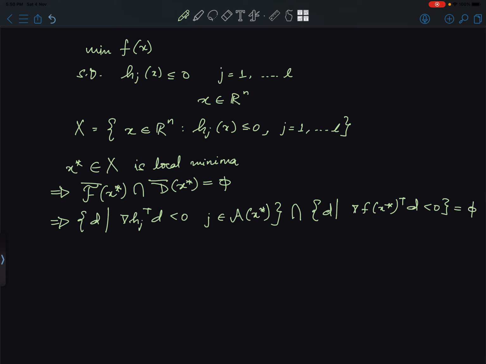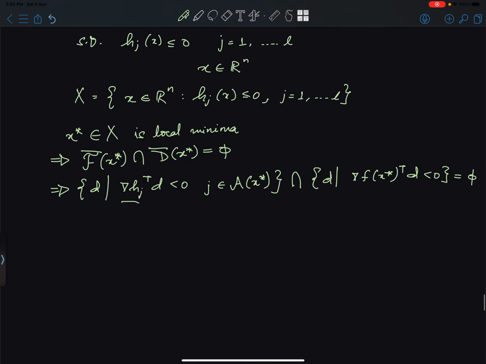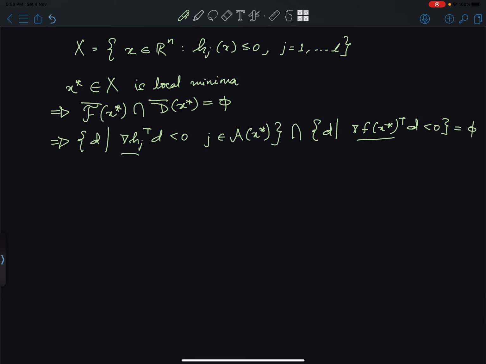Fine. So let us just combine both these coefficients of d into a matrix called, say, capital A, right? And this matrix will contain rows of gradient of f(x star) and gradient of h_j(x star), where j belongs to the active set of x star.